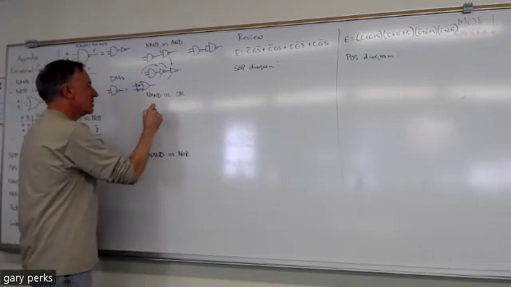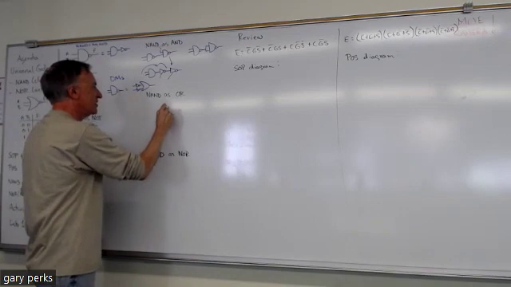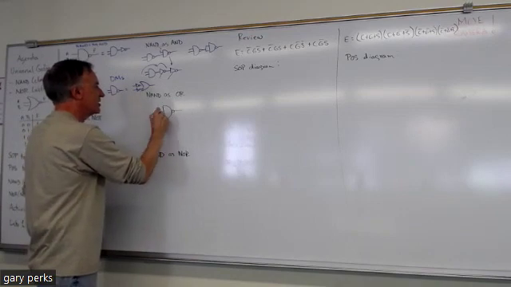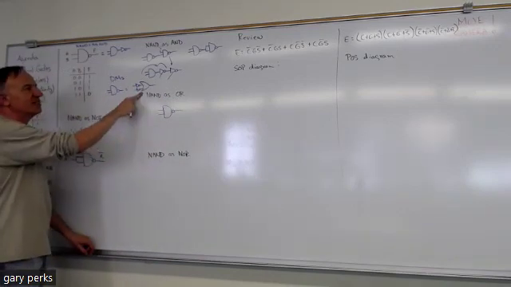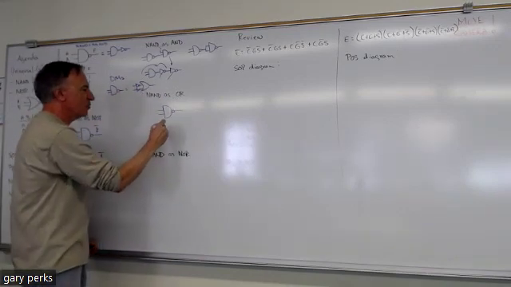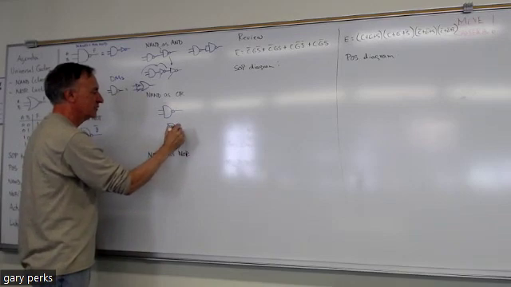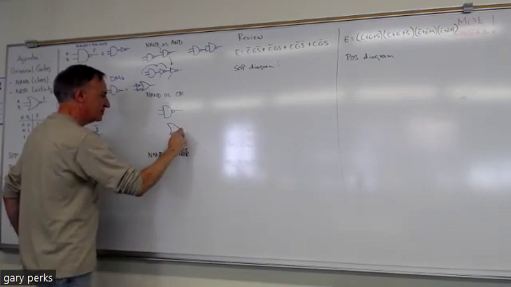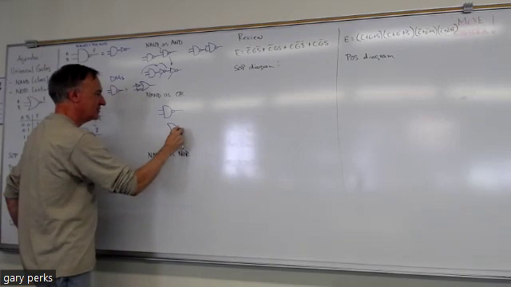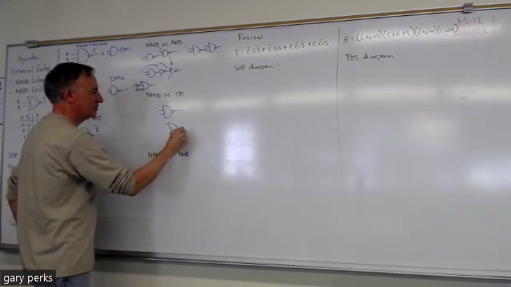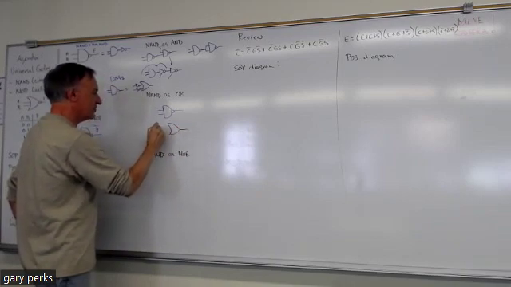Okay, so if I draw a NAND like this, you can think of it as the same as an OR. Oops, not a NOR. Don't want the bubble there. Equal to an OR with inverted inputs.